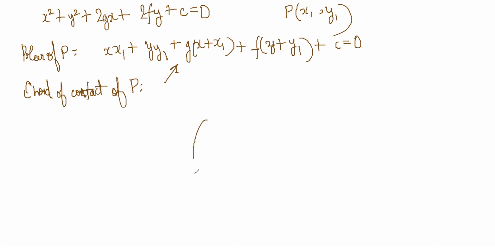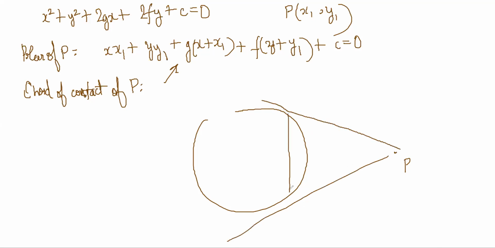So what is happening here? This is a point P, and if you draw, the chord of contact will be this line. Polar will be, oh okay, I'm drawing a really bad figure, but fine.